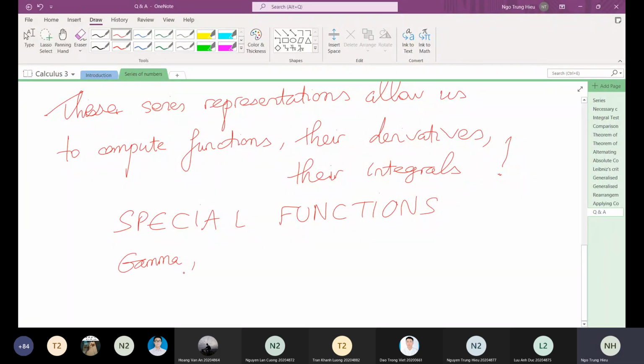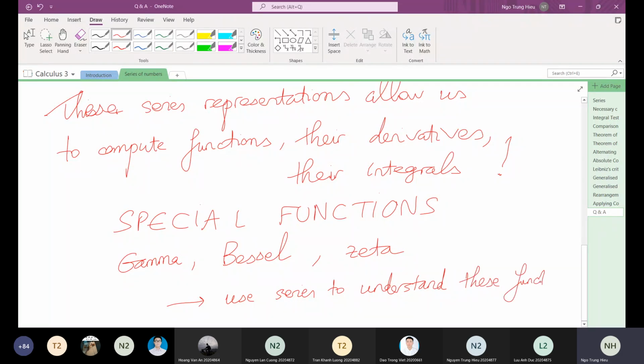Later on, when you study differential equations, you have Bessel functions, and maybe zeta functions as well. These functions can be represented by a series, and we use series to understand them. Without series, you cannot understand these functions well. So this is the application of series.